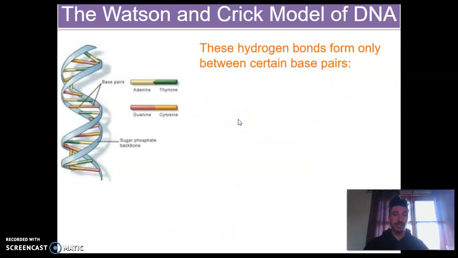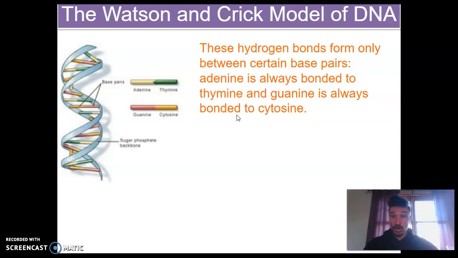So these hydrogen bonds form only between certain base pairs. Adenine is always bonded to thymine, and guanine is always bonded to cytosine, as you can see I have displayed here with colors. This is also why Chargaff's rule from a few slides ago makes sense.